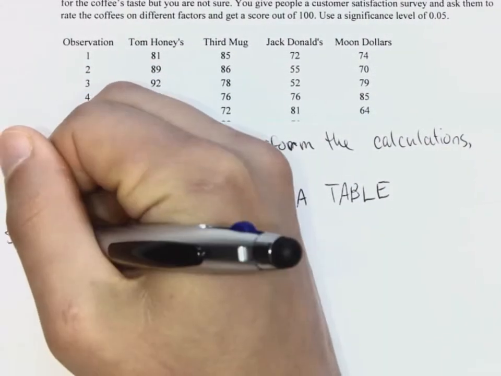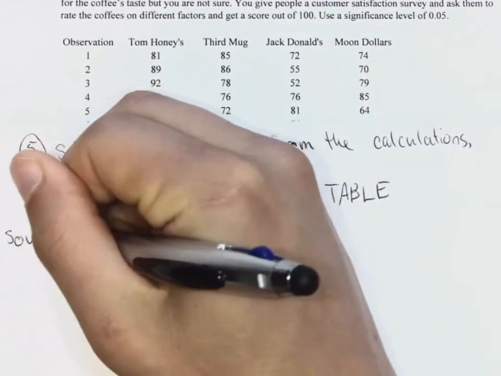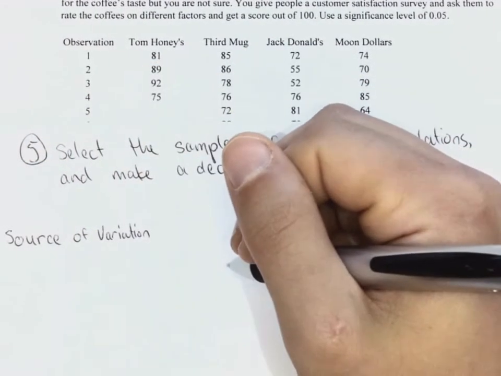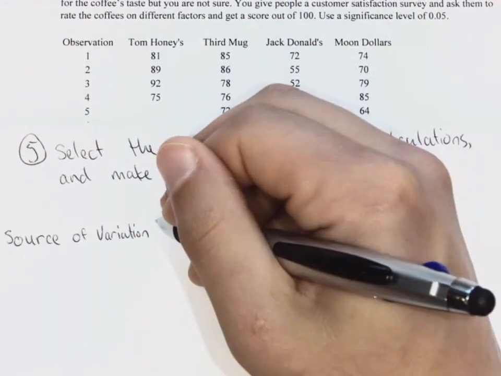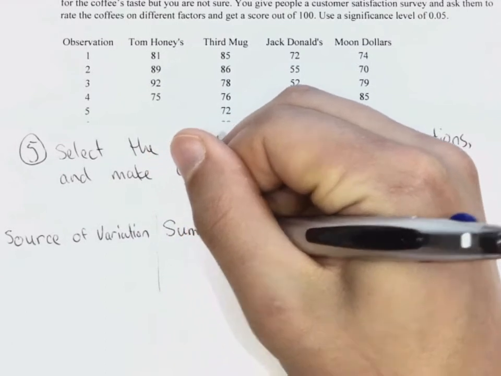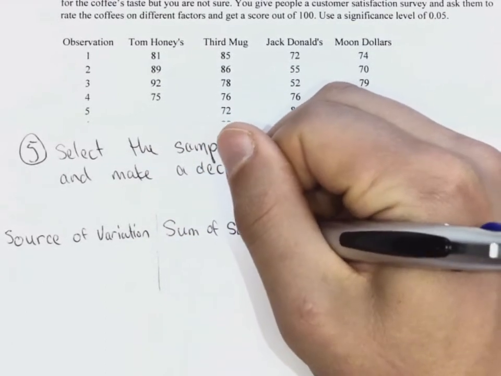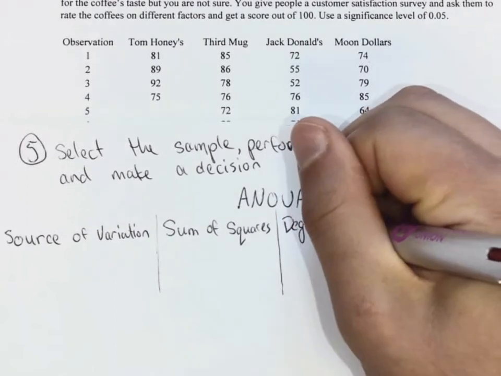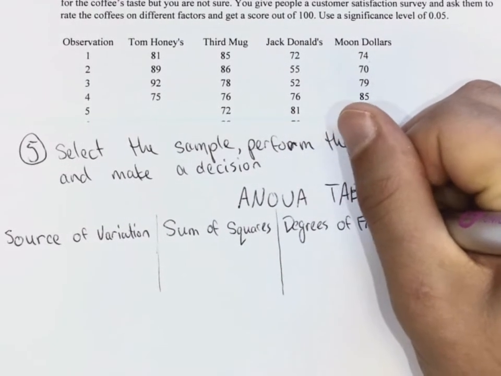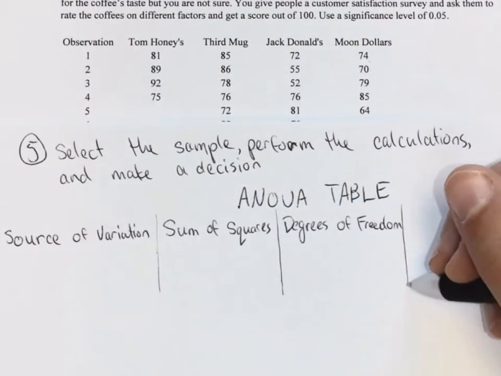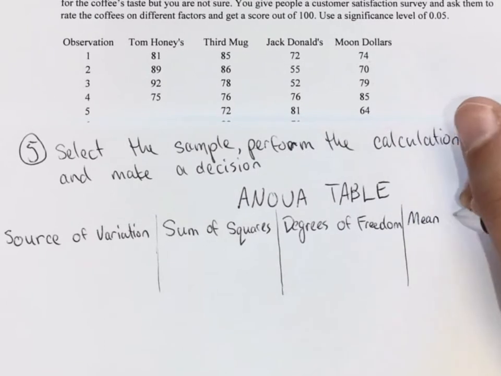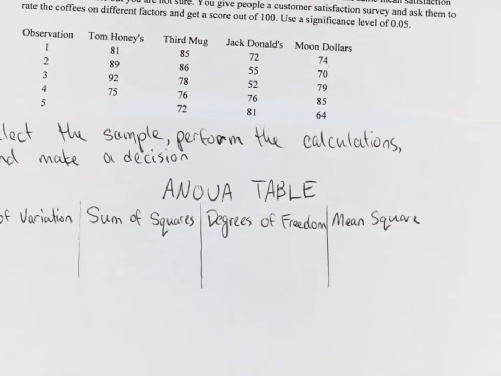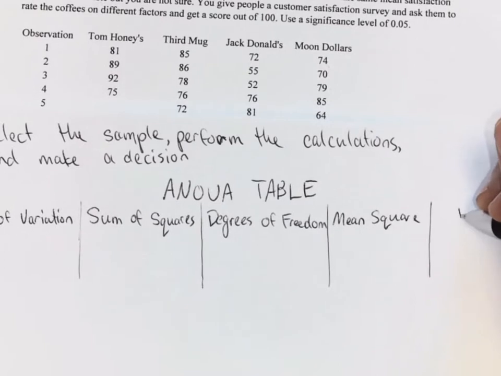We have our source of variation, our sum of squares, our degrees of freedom, our mean square, and finally our F.